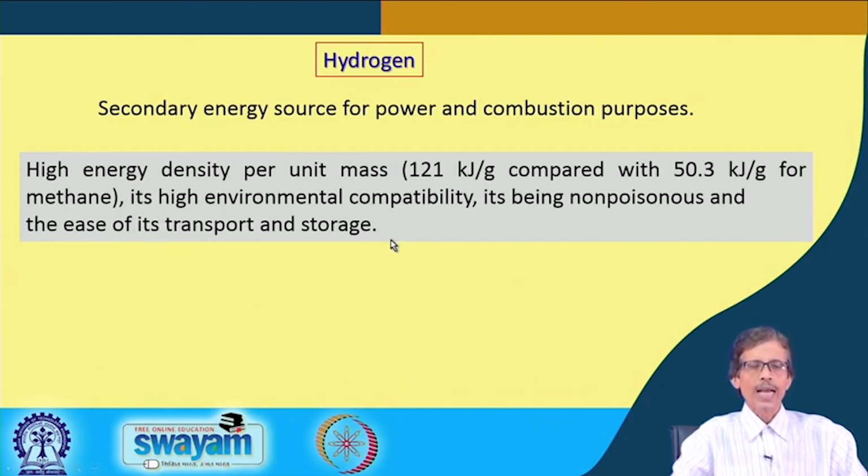Its high environmental compatibility is also very important, because it is non-poisonous and easy to transport and store. When we burn hydrogen in the presence of oxygen or air, it only gives you water molecules, unlike other fossil fuels based on carbon and hydrogen, like methane.